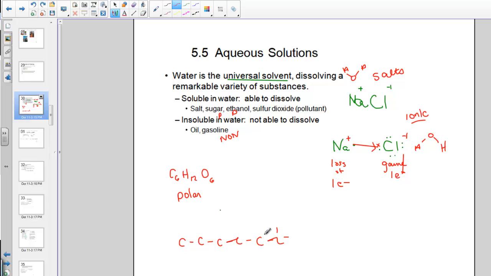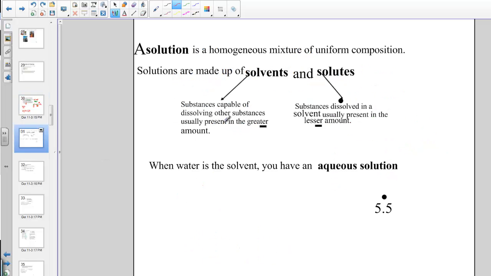Nothing unusual about that molecule, just all C's and H's bonded together, creating a non-polar situation. And so therefore, non-polar and the water polar do not blend. We're going to learn a simple little rule called likes dissolve likes. Polar will dissolve in polar, non-polar with non-polar, but never the two shall mix together.